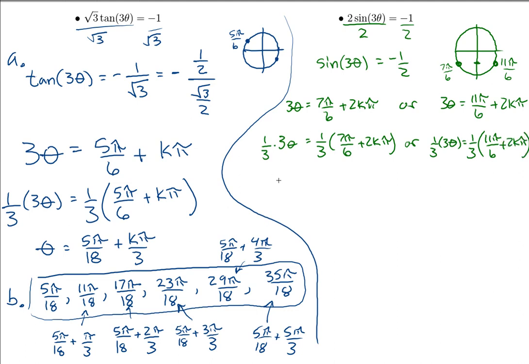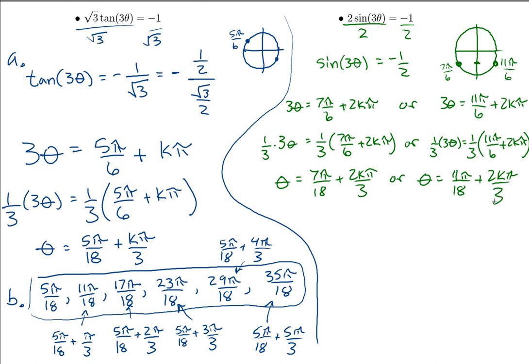All right, so we have theta equals 7 pi over 18 plus 2k pi over 3, or theta equals 11 pi over 18 plus 2k pi over 3.